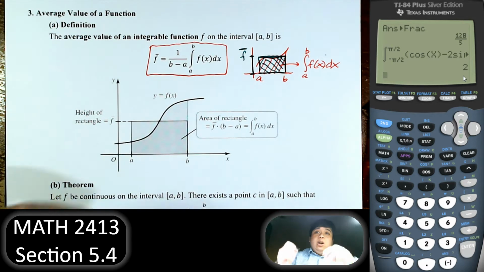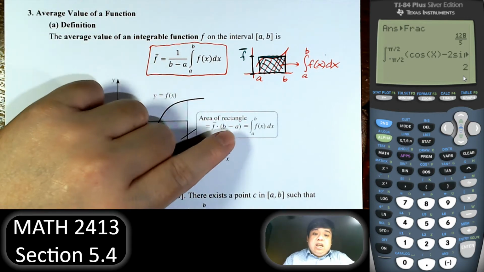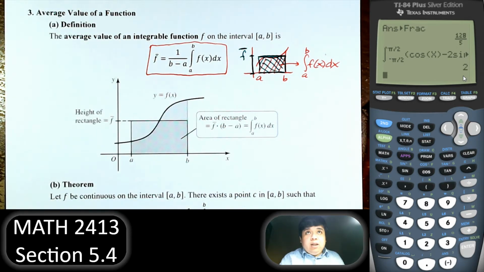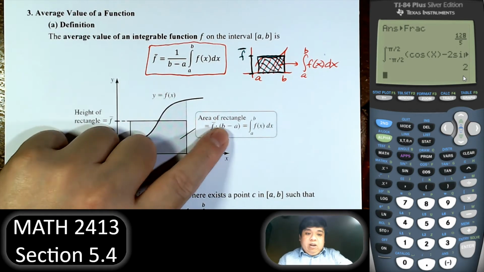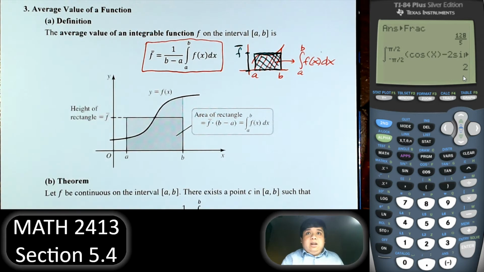So the average value of the function is the average height. That average height multiplied by the width will give us the area, which is the same as the integral from a to b. So the area of the rectangle is the same as the average height times the width of the interval.